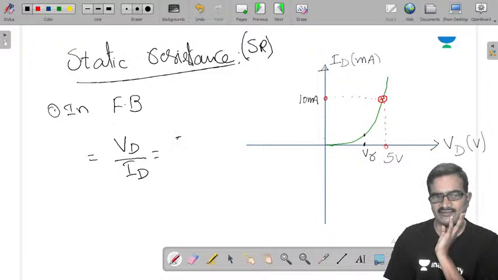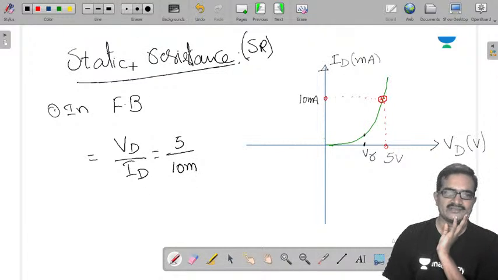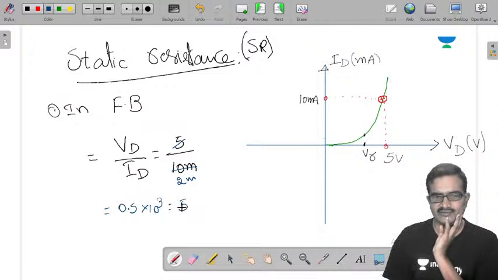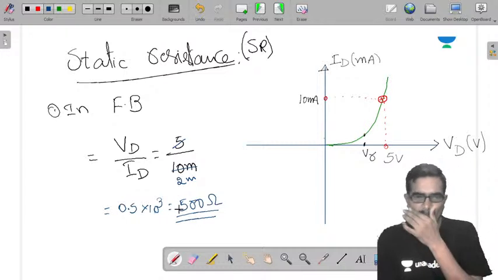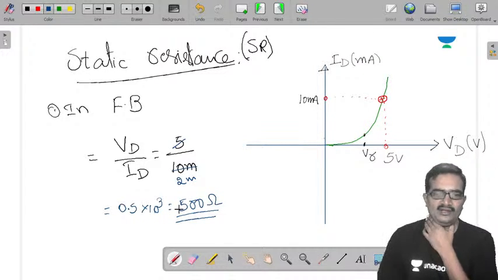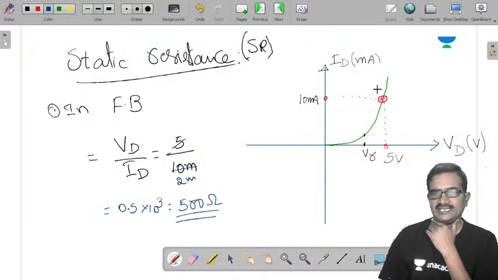So VD is 5 volts by ID is 10 milliamps, which simplifies to 500 ohms. So the resistance in this region is of the order of ohms.